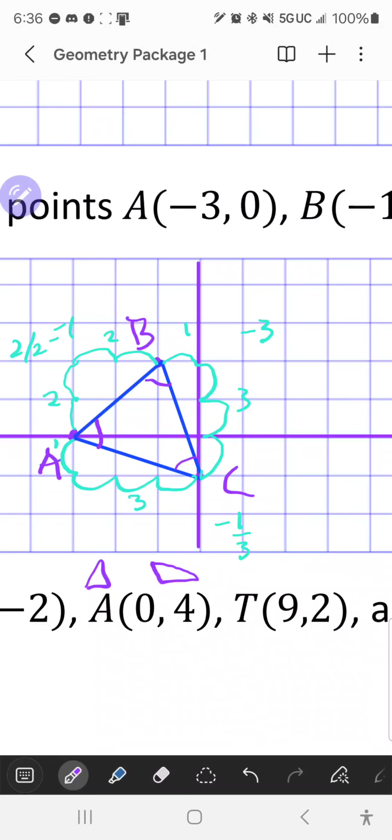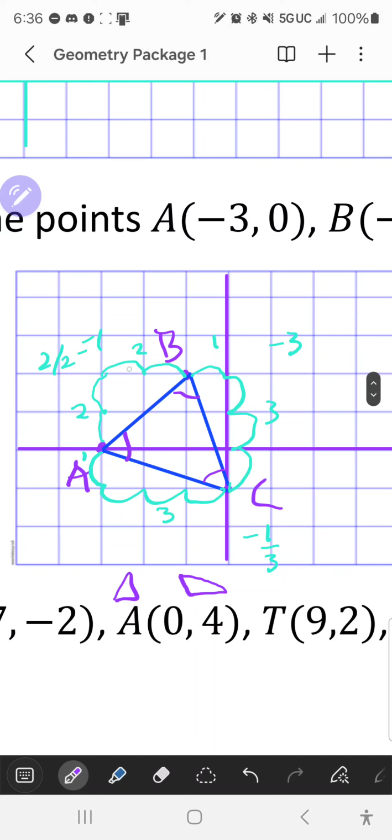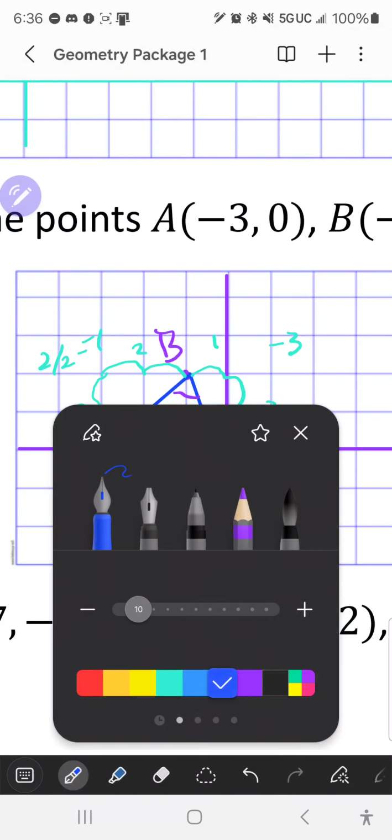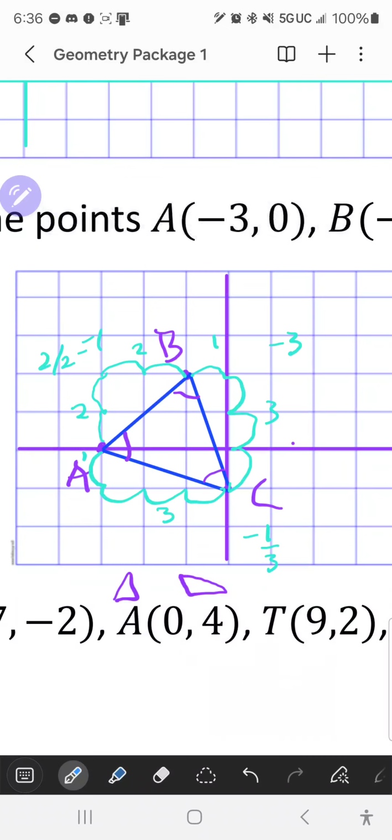If we want to know which sides are equal, we see that this has 2 and 2, so no. We have that this has 1 and 3, and that one has 1 and 3. Since they have the same displacement using different directions, I can say that this is equal to this.